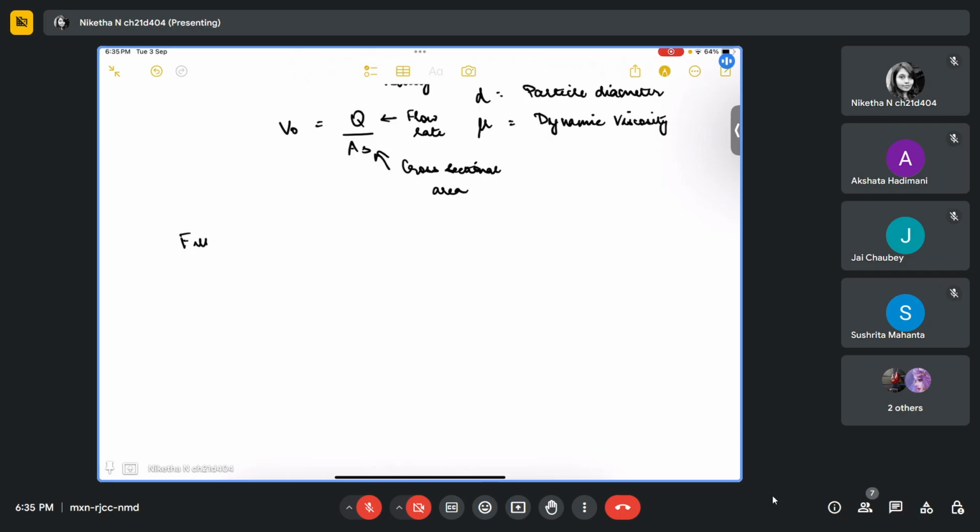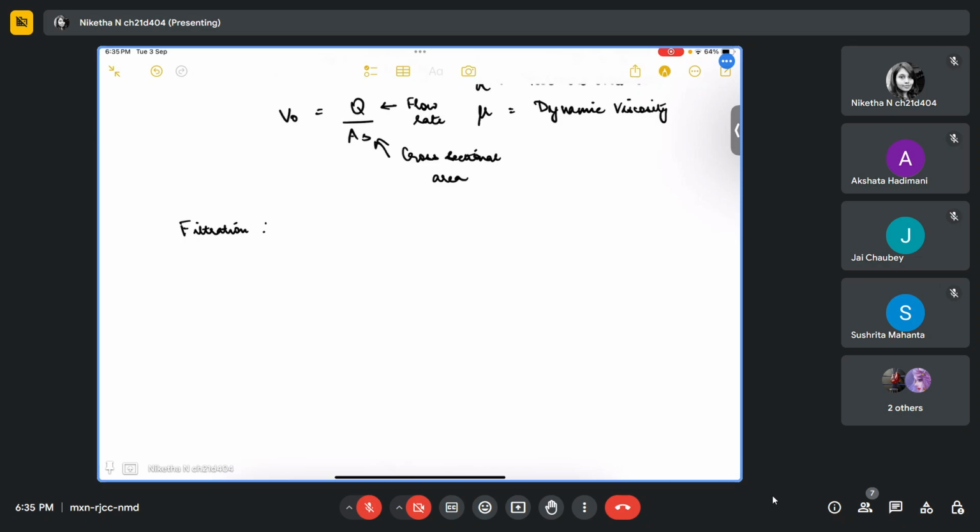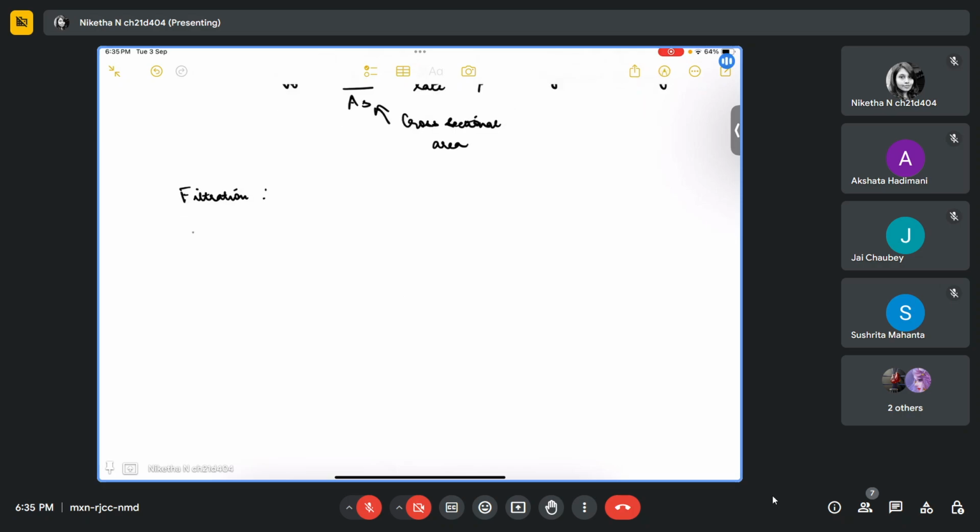So next we will be going to filtration. Can someone tell me what is filtration? In a simple way, filtration is a process of removal of unwanted impurities from the drinking water.